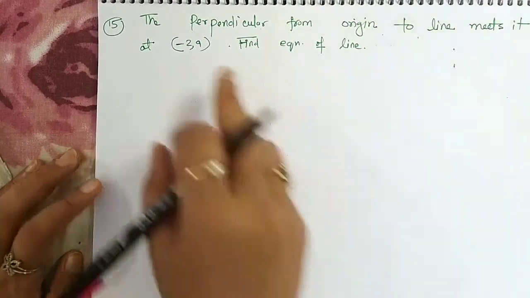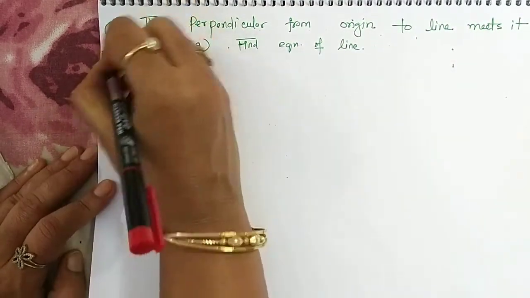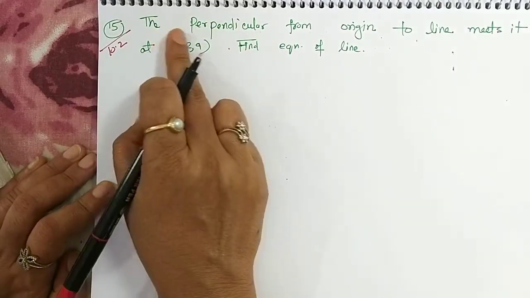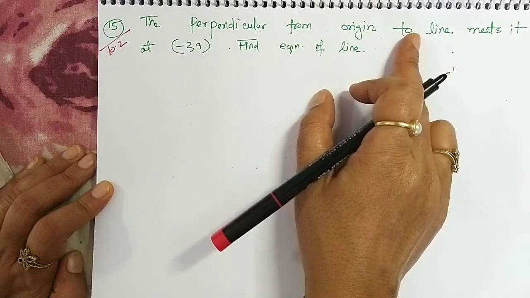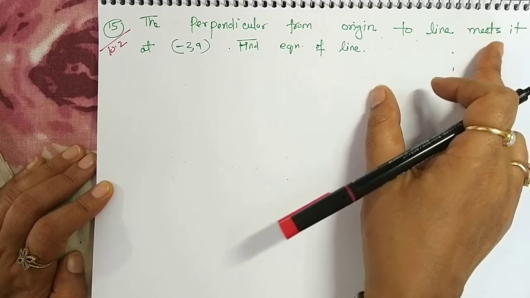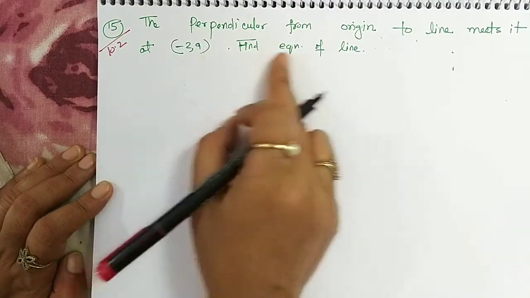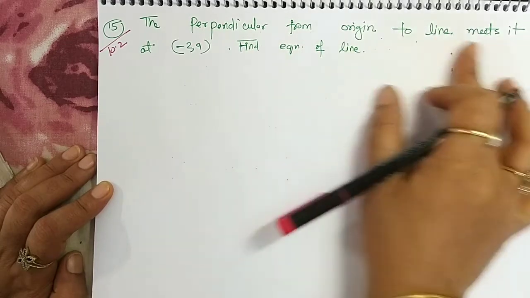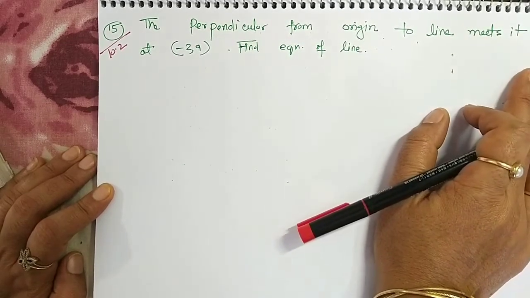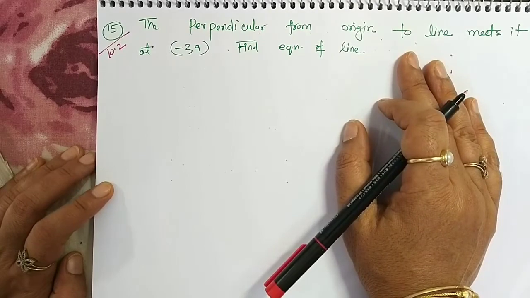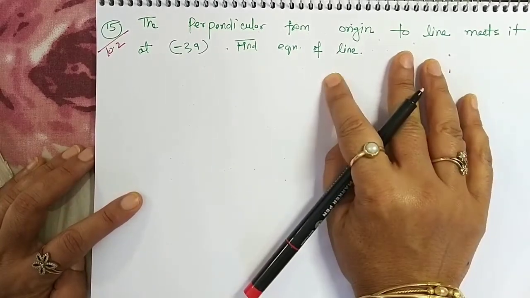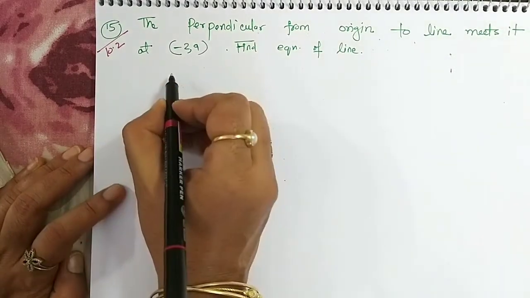It says, question number 15 from 10.2. Perpendicular from origin to line meets at this point. Find the equation of line. So very weird type of information is given. Directly they have not provided slope. Directly they have not told that line is passing through this point.